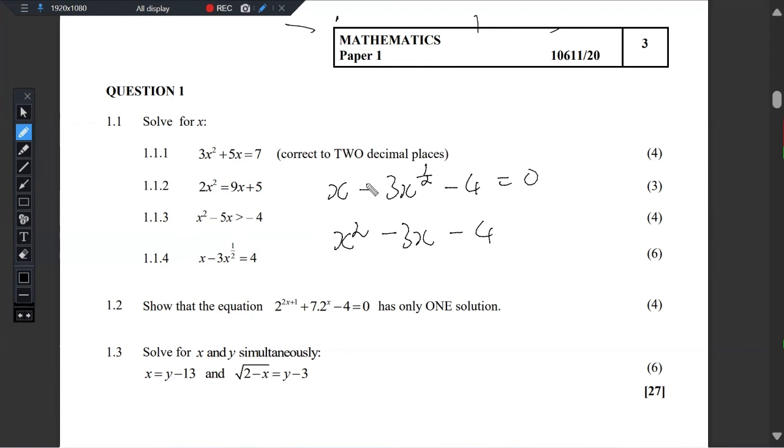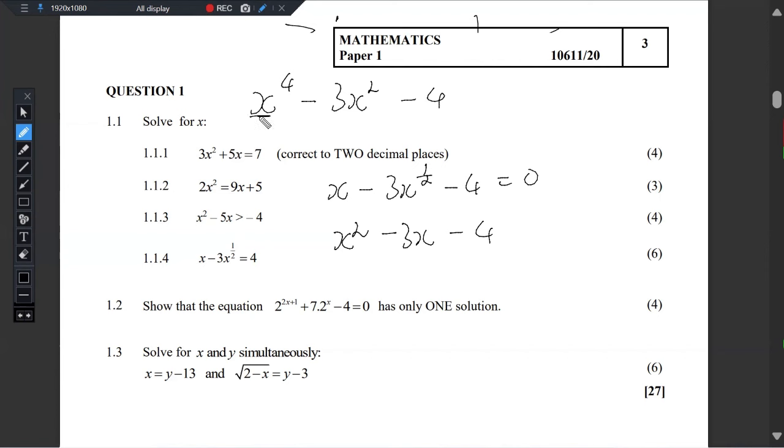You see the trend that takes place here is that there is always a halving of the exponent. So if there is 2 here, then here there'll be 1. Because there is 1 here, 1 divided by 2, then we have 1/2. In other words, if I had x to the exponent of 4, there should be a halving of the exponent, which means I would have 3x squared, then minus 4.